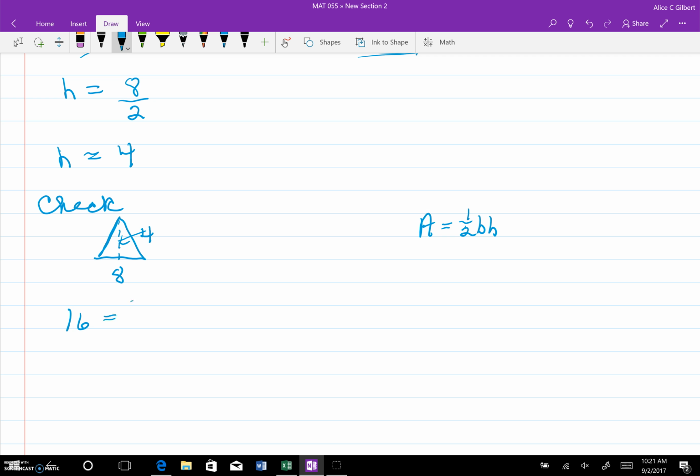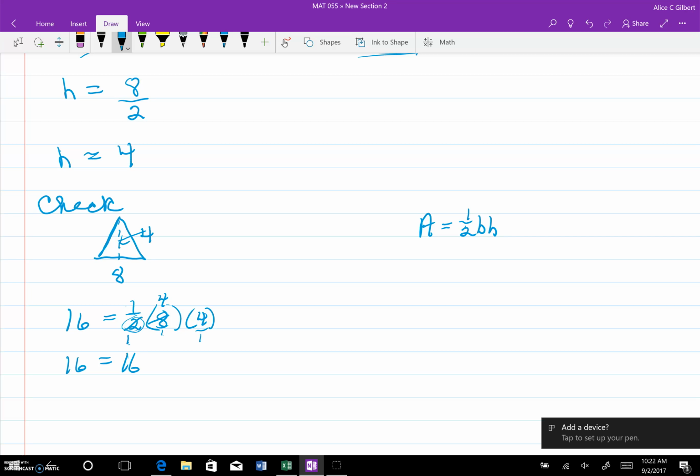And so 1/2 times base times height. Okay. Well, this is like over 1, each of these. So I'm going to cross cancel this guy into the biggest one. So 2 can go into itself once and into 8 4 times. So I'm left with 1 times 4 times 4 is 16, and 1 times 1 times 1 is 1.